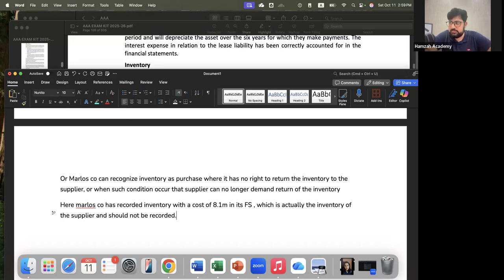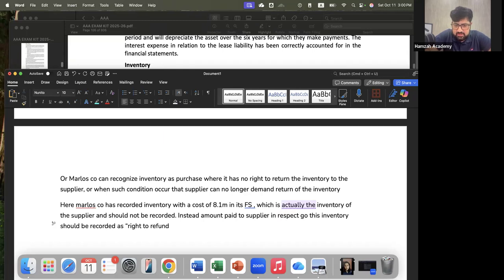Instead, the amount paid to the supplier in respect of this inventory should be recorded as a right to refund, a receivable.